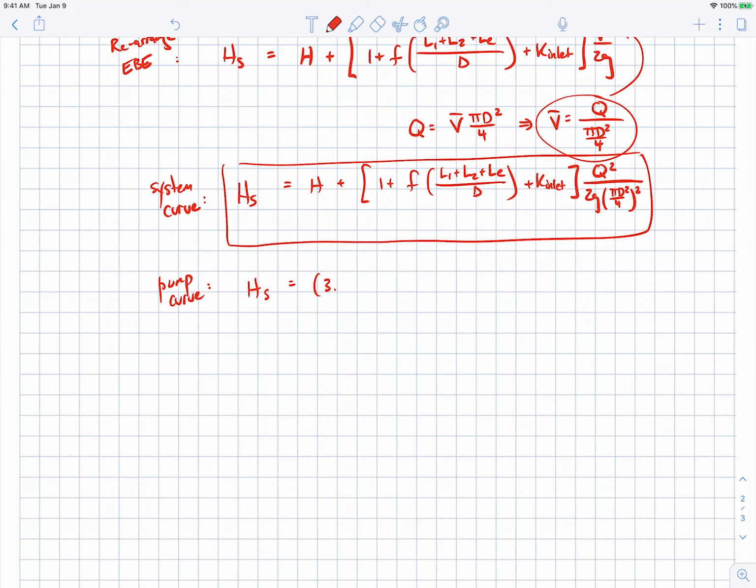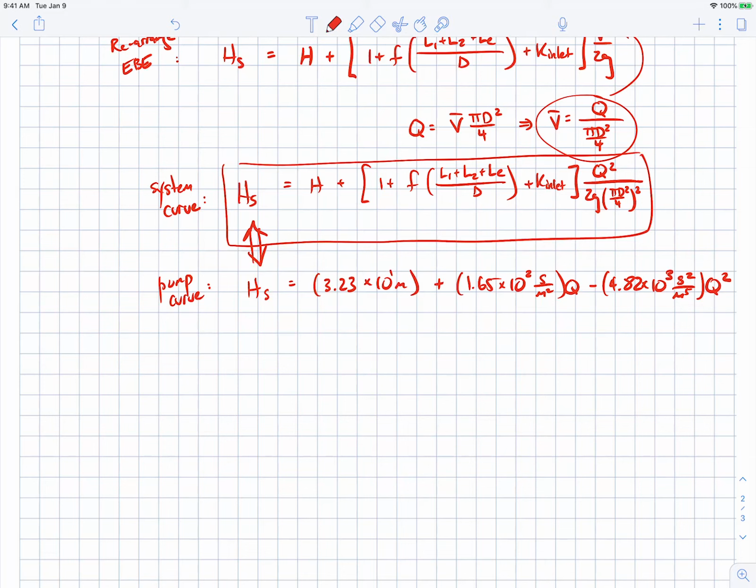It's 3.23 times 10 to the 1 meters plus 1.65 times 10 to the 2 second over meter squared times Q minus 4.82 times 10 to the 3rd second squared meters to the 5th times Q squared. So this is what the pump can provide. At that given flow rate, this is the head rise provided by the pump. This is the head rise we need from the pump for that given flow rate. So we'll set these two things equal to one another.